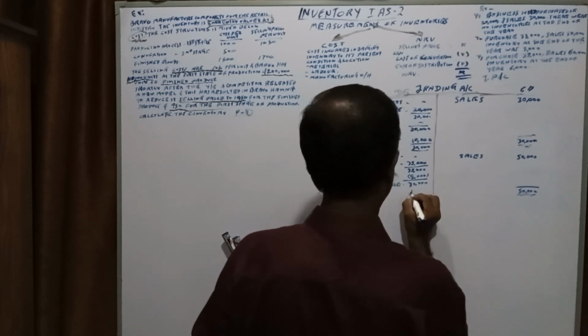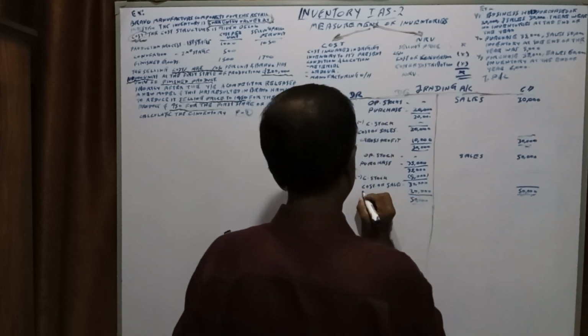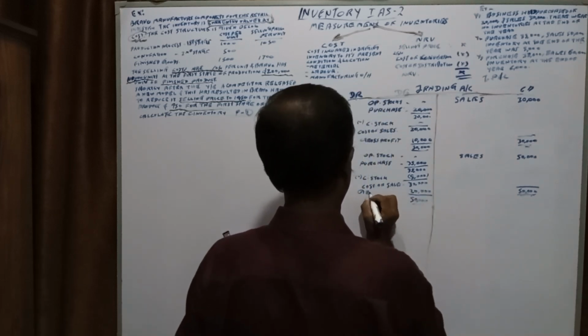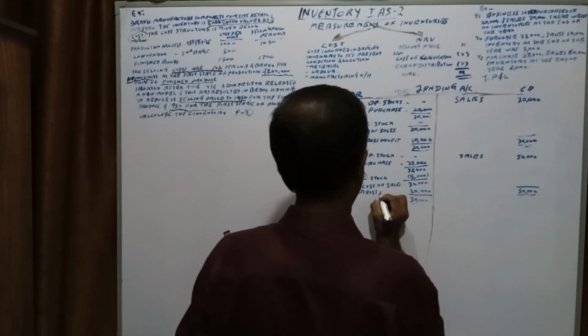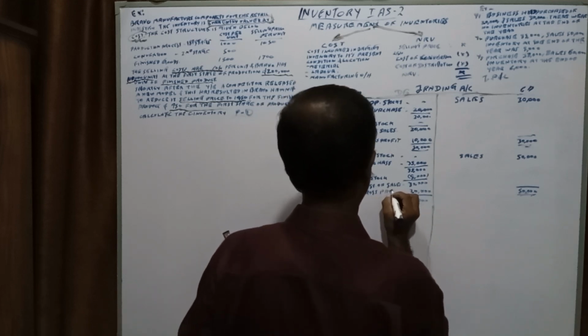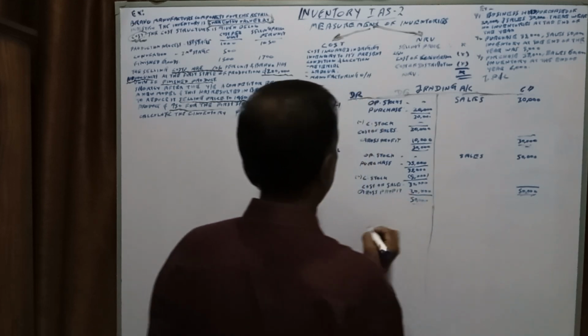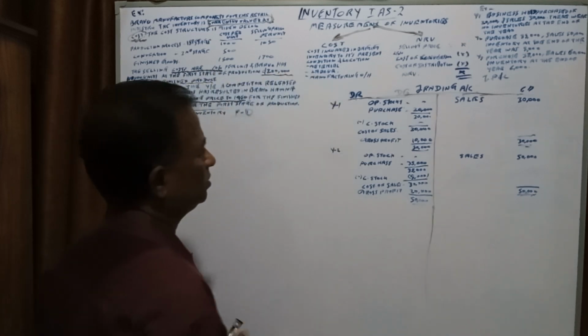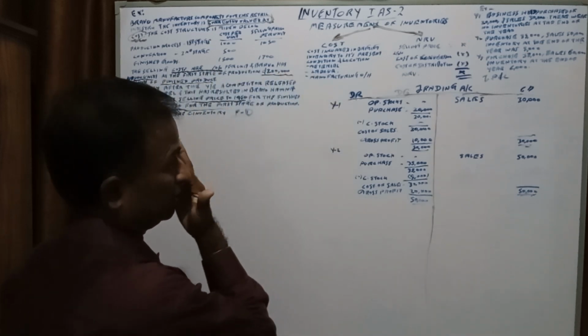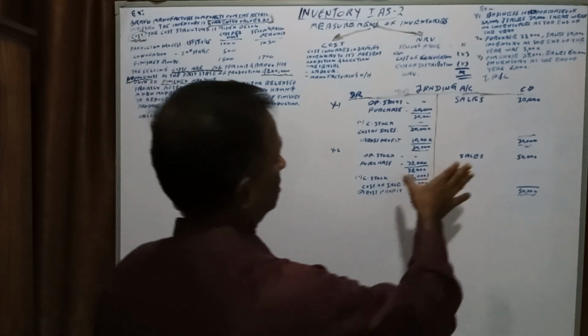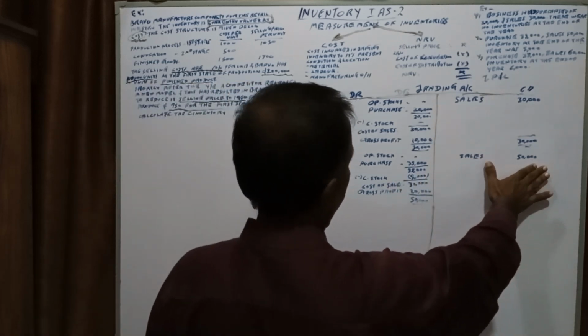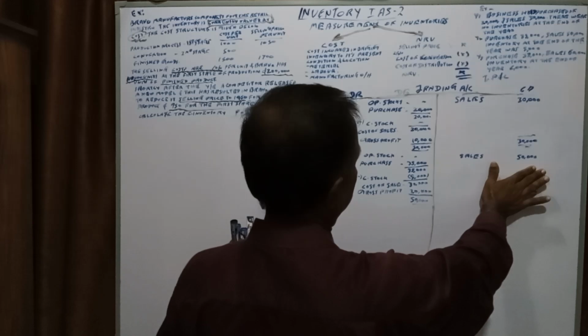So the difference is 20,000. This is known as gross profit. Right? Understood? This is known as gross profit. Sales 50,000 is credited to the trading account.